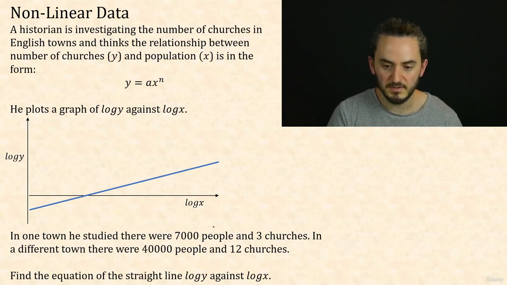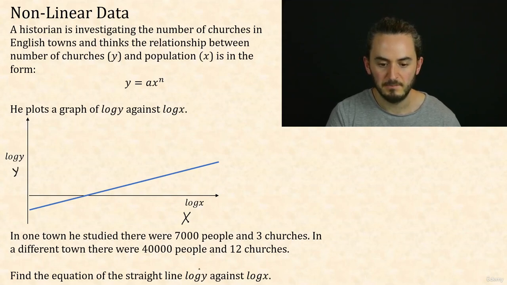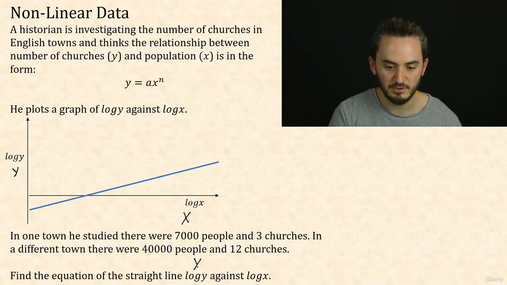Well, let's think about these coordinates. Let's just work with capital X instead of log x, and capital Y instead of log y, and try to find a relationship relating capital X and capital Y. So what are our coordinates?